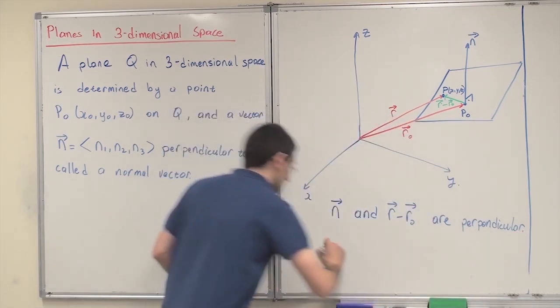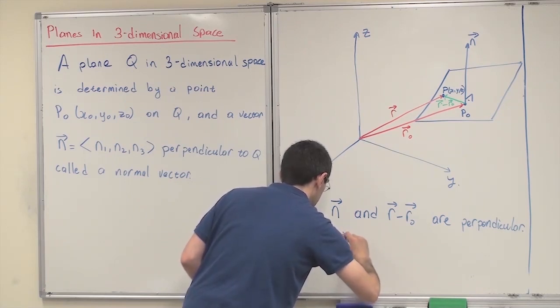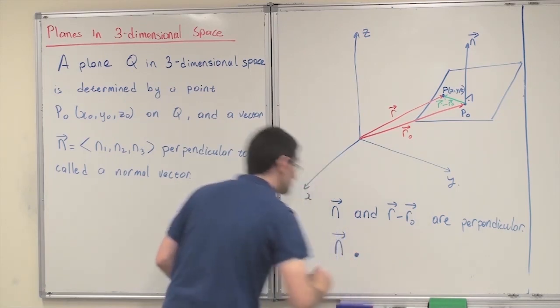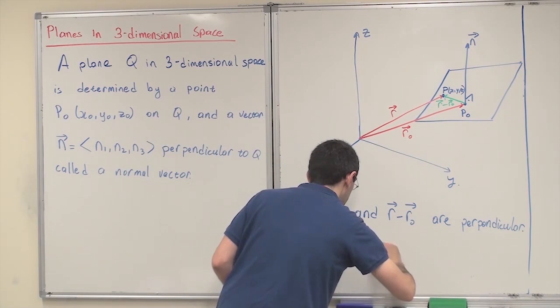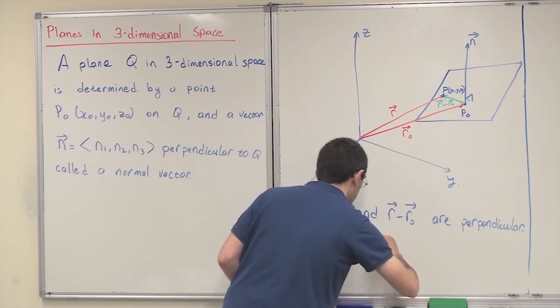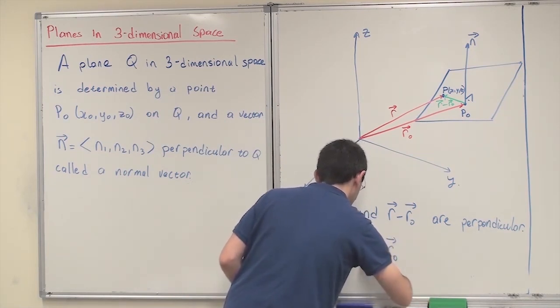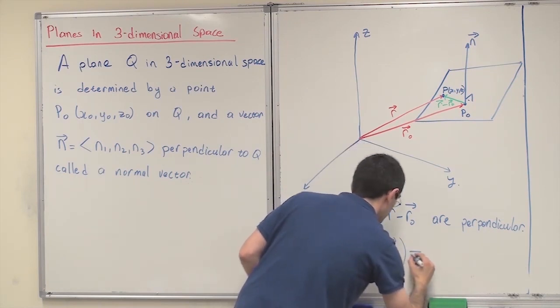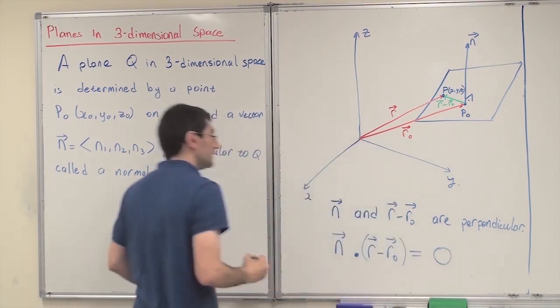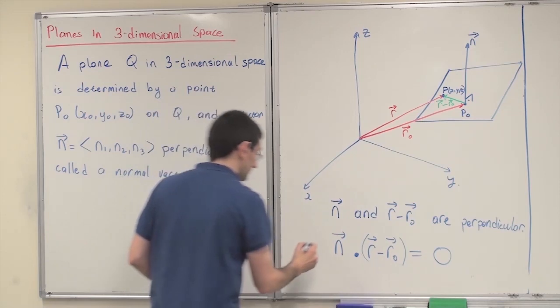So this means that the dot product of these two vectors, n and R minus R naught, is equal to 0.